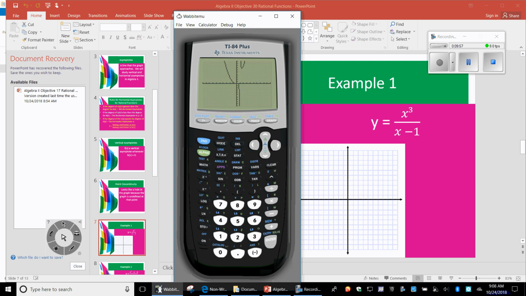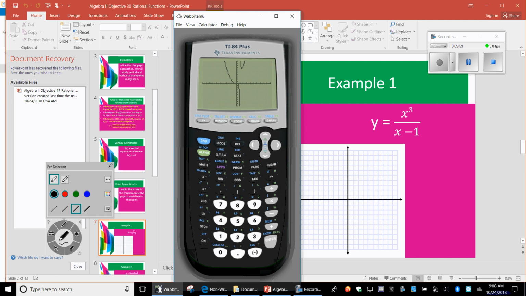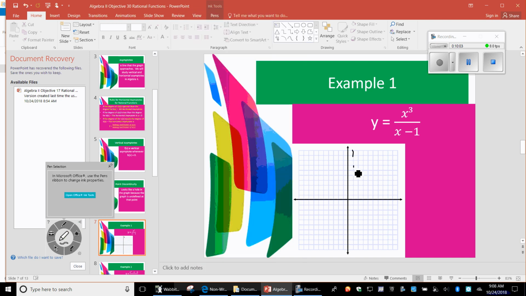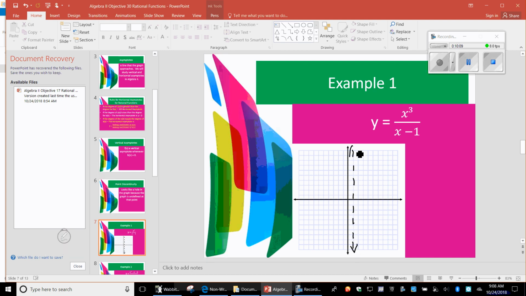If I go back to my color, go to red. So, first of all, I have this asymptote right here, and it came on black. I apologize for that. I like it to be in a different color. My color wheel's not working. So I think I'm going to have to keep the same color, but I'd like for you to do it in a different color.